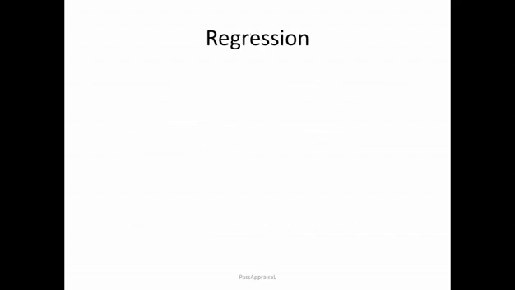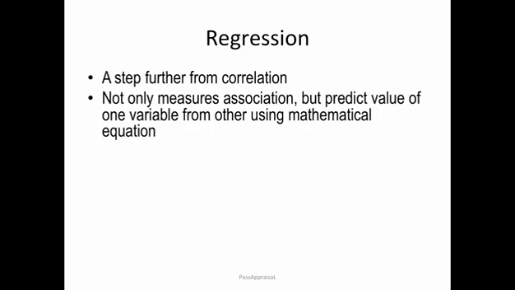Moving on to the next set of tests for association, regression. Regression is seen as a step further from correlation. Regression not only tests for association, but enables us to predict value of one variable from the other associated variable using a mathematical equation.